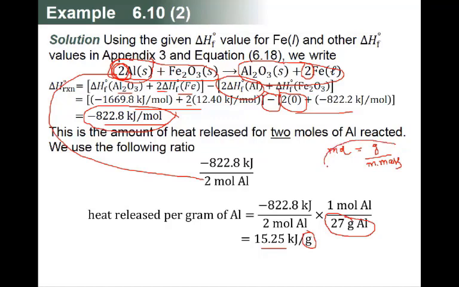So we applied this formula here to change into grams. You can see this is simple mathematics. So two more steps: first we change 2 moles into 1 mole, and then divide by 27 to make it grams.